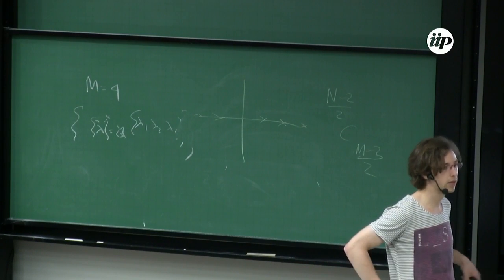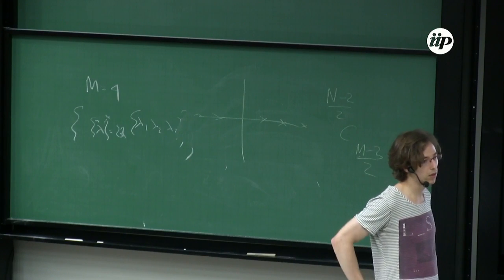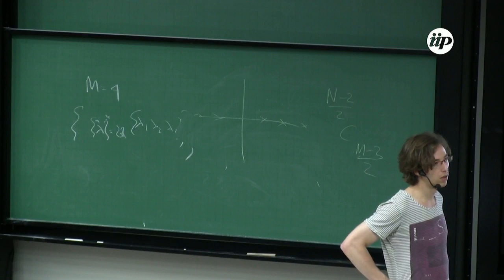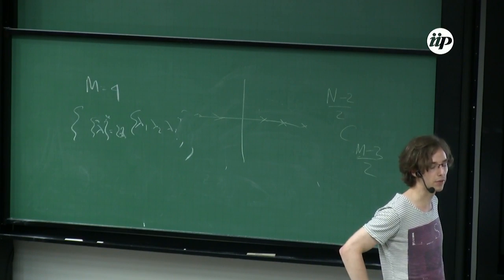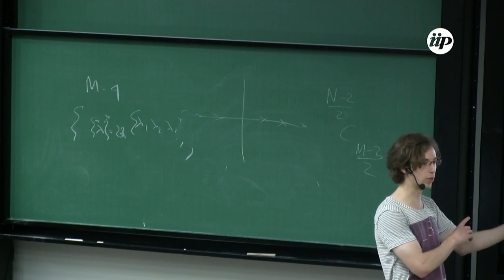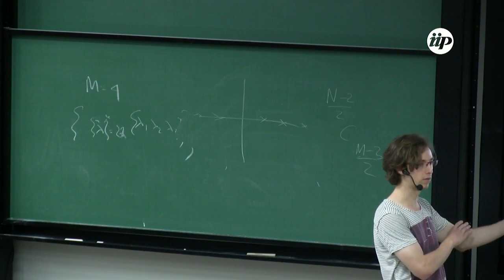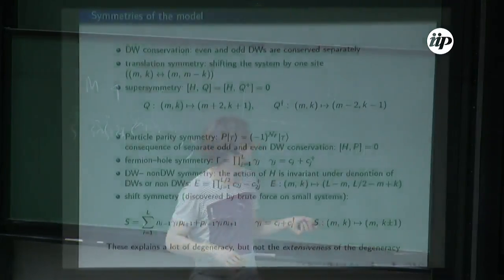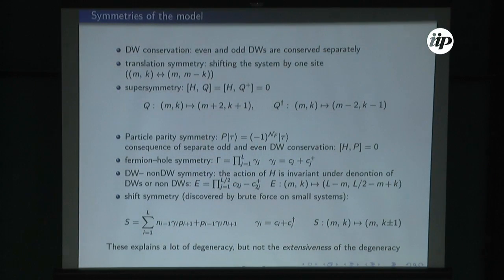Yes, so basically, yes, there will be. Or I mean at the end I'm going to explain the extensive degeneracy. By extensive degeneracy I mean that the degeneracy of the ground state increases with system size.